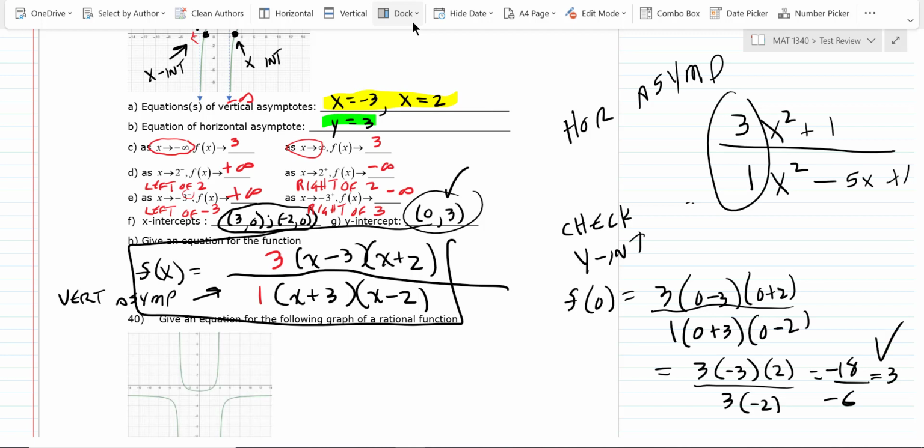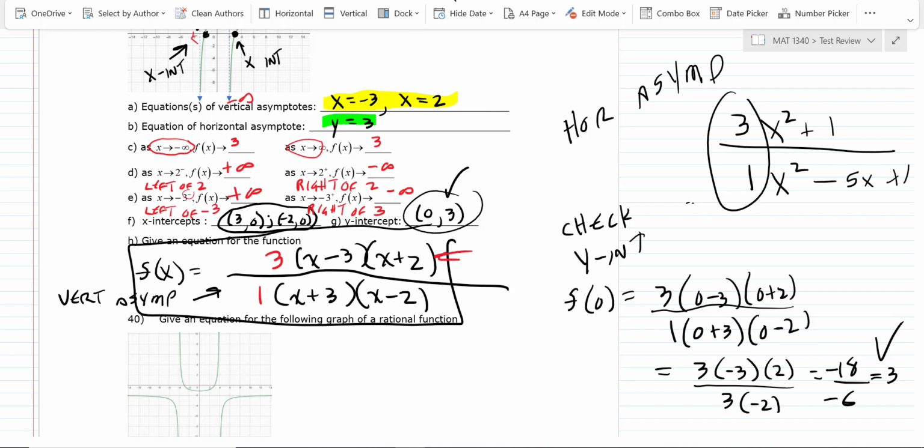Okay, so that's kind of the idea, is when you study how to do a problem like this, you just got to know. I know you guys can look at a graph and tell what the x-intercepts are. I know you can tell what the vertical asymptotes are because they're going to be pretty obvious with the dashed lines on there, and the same thing with horizontal. The key thing to me that you have to be really cautious about is this, okay?